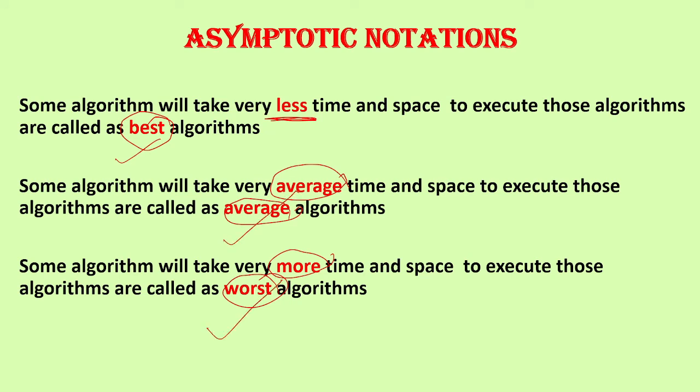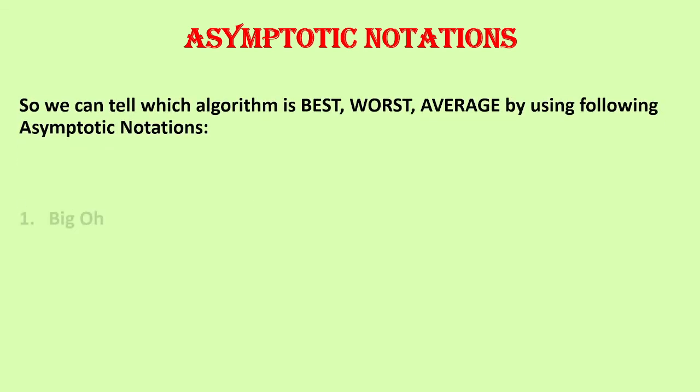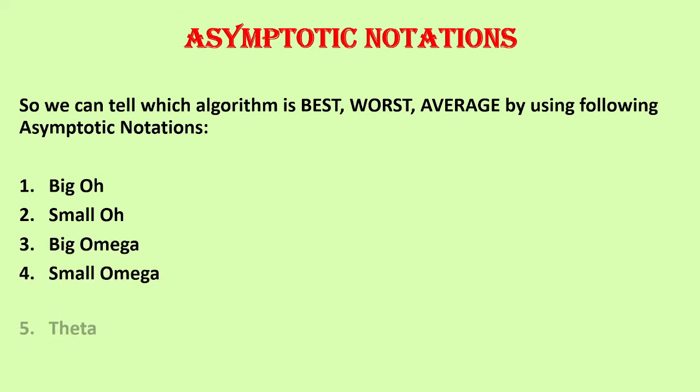So how can we tell best, worst and average? By using these asymptotic notations. There are 5 asymptotic notations which we are going to learn in upcoming videos: big O, small o, big omega, small omega and theta.